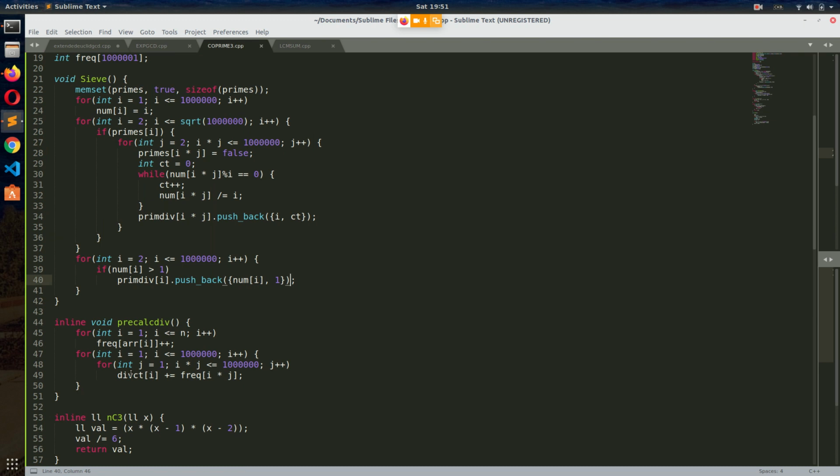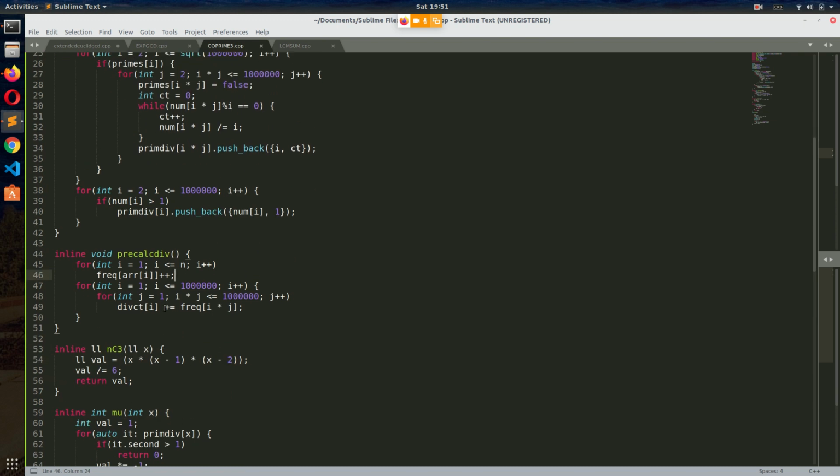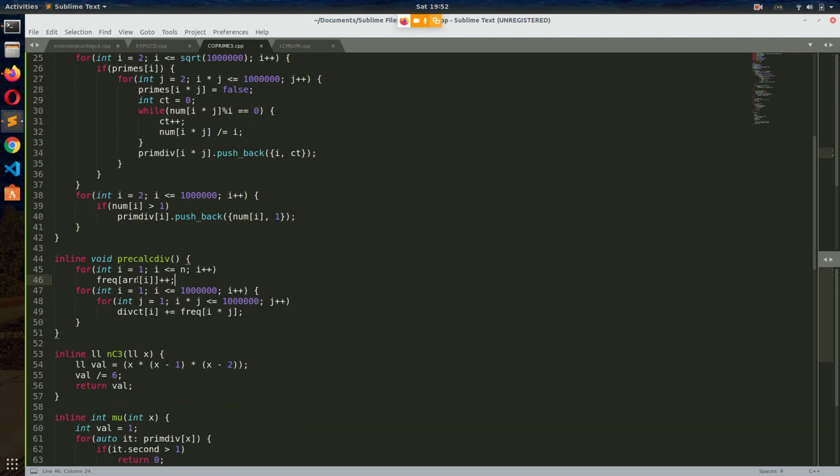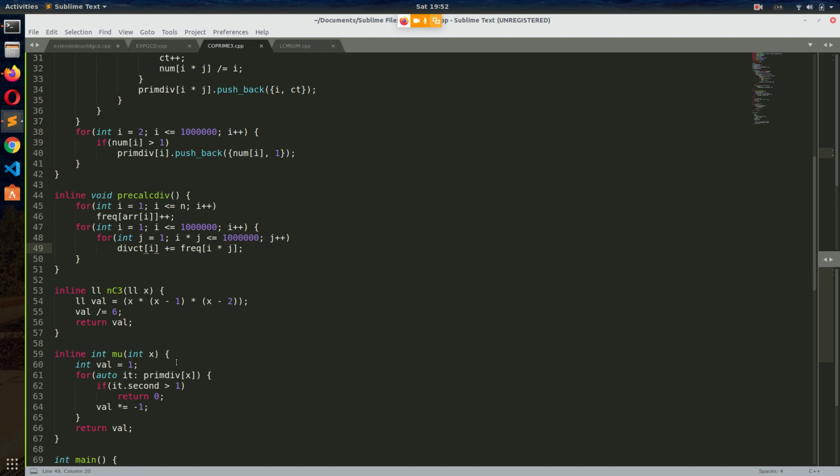Now we call precalc diff before doing anything, and this will calculate the diff ct values for each number. The way it does it is pretty simple. You initialize the frequency array, and iterate over all the multiples of each I. This will take max log max time, and you add frequency of I star j to each I here.